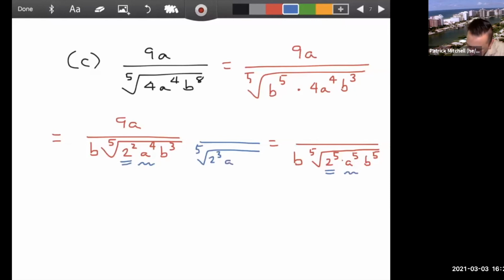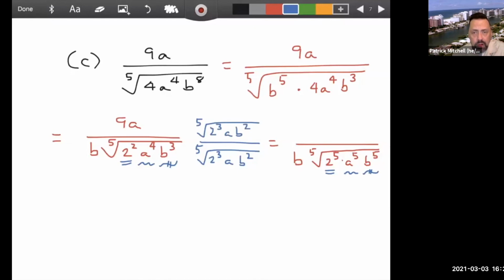And then finally, we have b to the third. We need b to the fifth. That means we're missing a b squared. All right, so if that's what I'm going to do to the denominator, I had better do that to the numerator. 2 to the third times a times b squared.